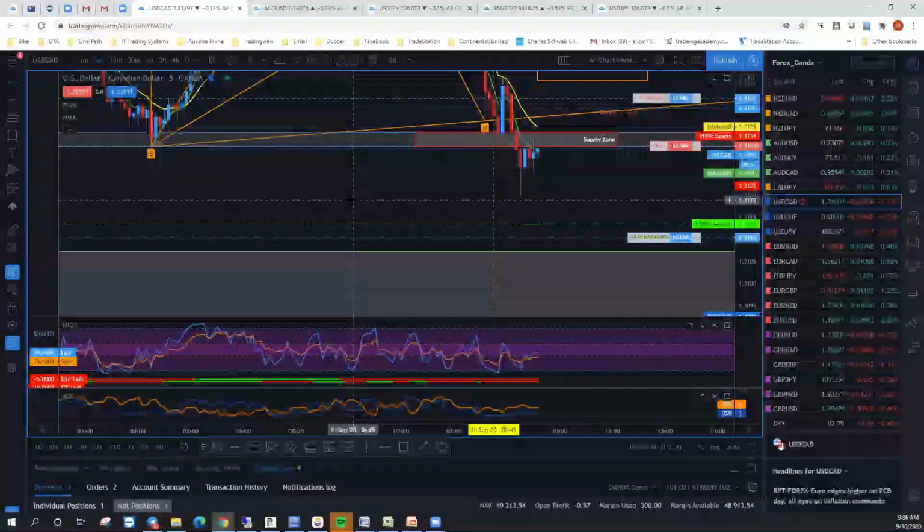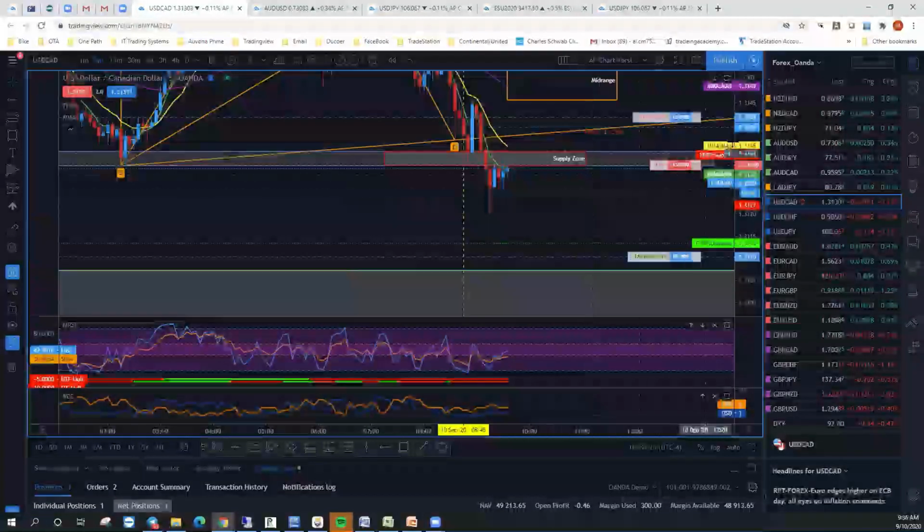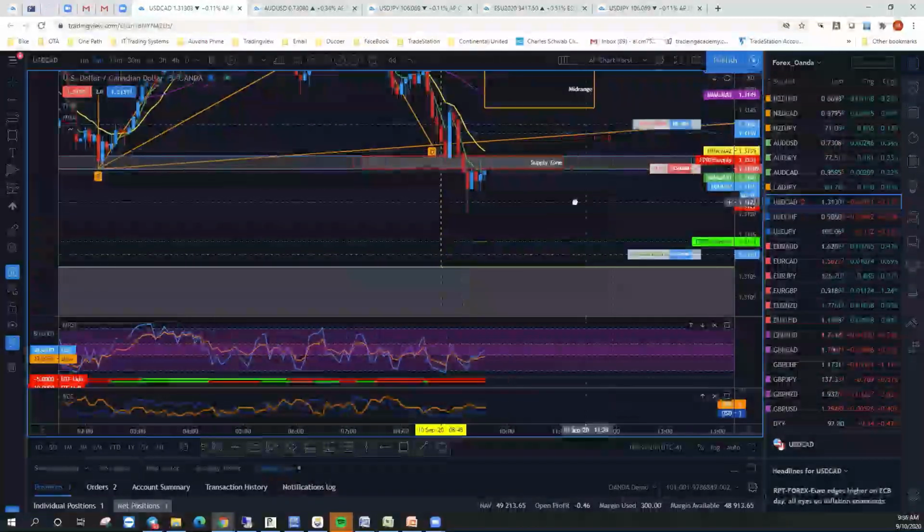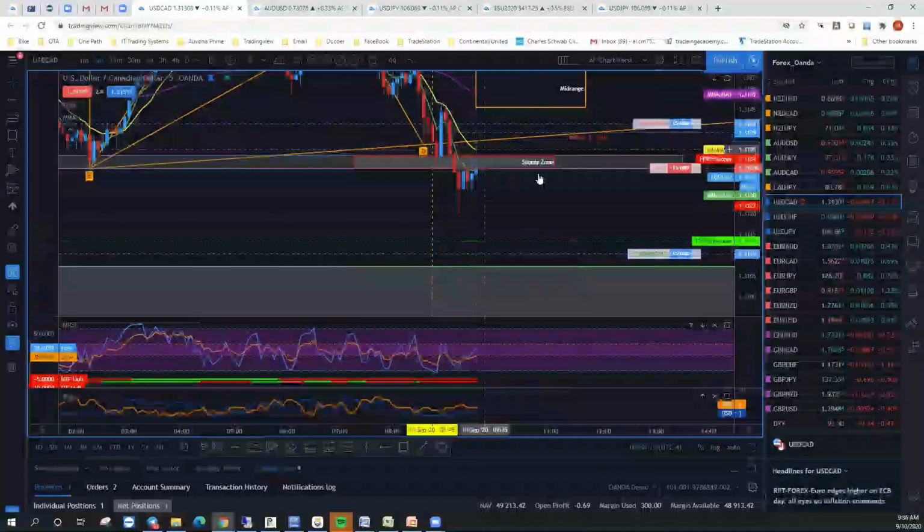And that way I don't have to think about it. Nothing I hate worse than being profitable by 10 or 15 pips and then giving it all back because I got stopped out on a retracement. So I'm happy to just get my 7 to 10 pips, close out the trade, and then wait for the next one.